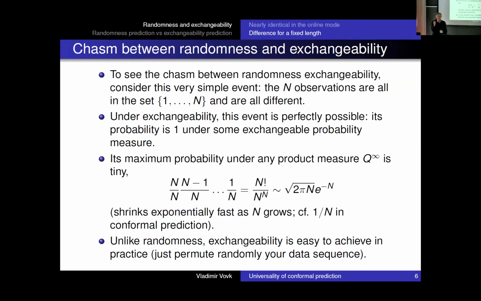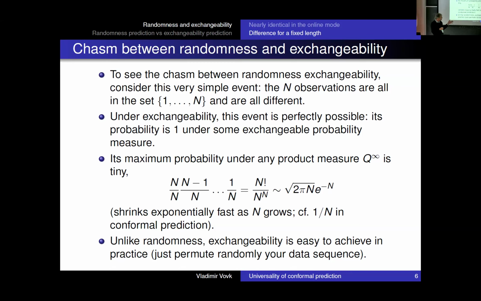It will be random in the set of all permutations of this sequence. But it will not be IID. So if you find its largest probability under all IID distributions, it will be exponentially small. It will be like e to the power of minus n. So here I wrote the expression, the probability that all these numbers will be different. So it's tiny. It's e to the power of minus n.